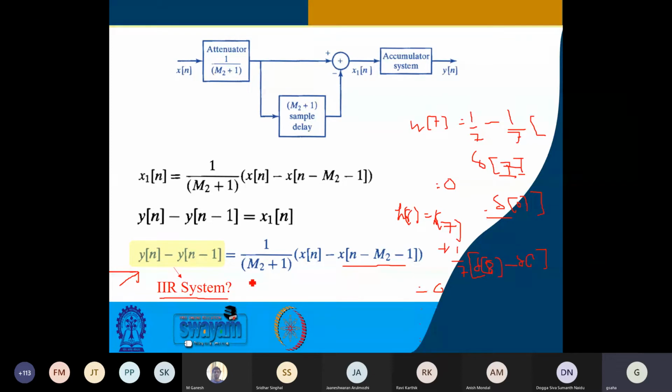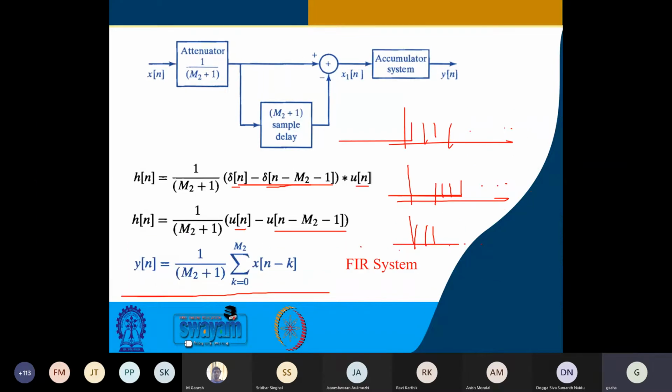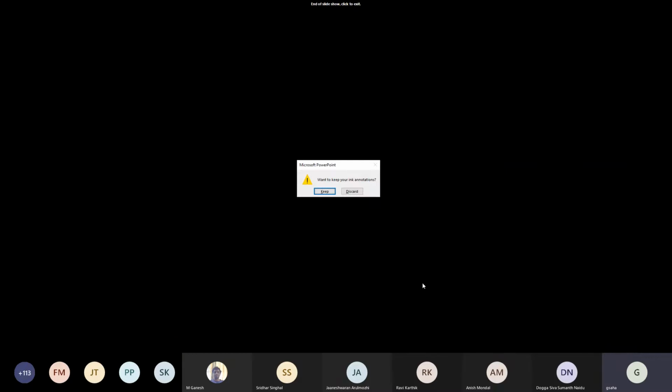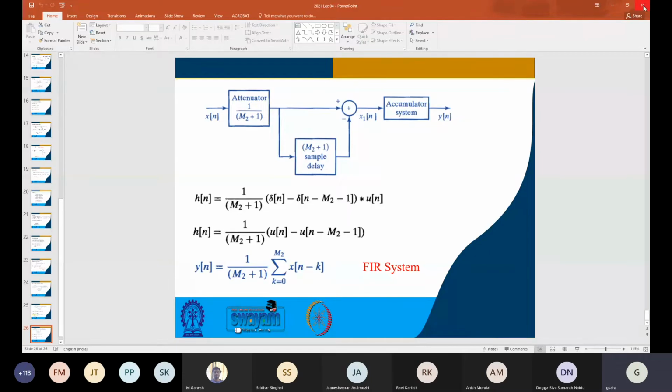You need a deeper look into the system as a whole, and there can be a different way of describing the system, and you can eventually see that it is an FIR system. An IIR system and an FIR system are characterized in a different manner and have a different kind of meaning. Okay, so we shall go to the next part.